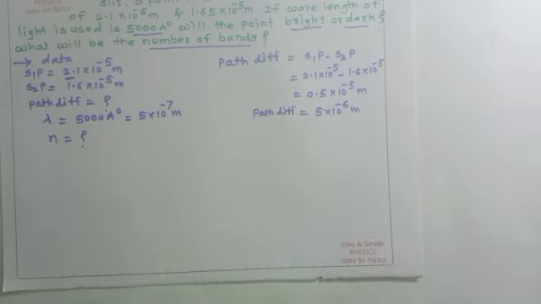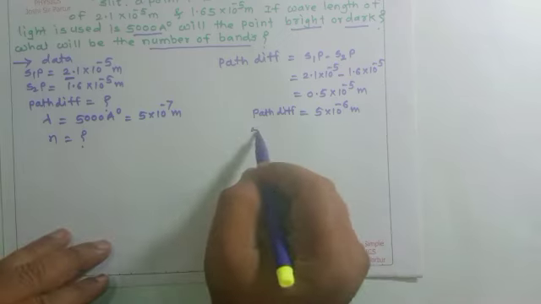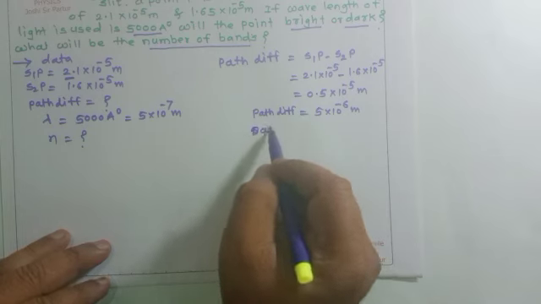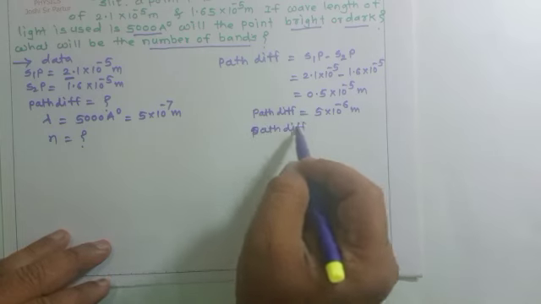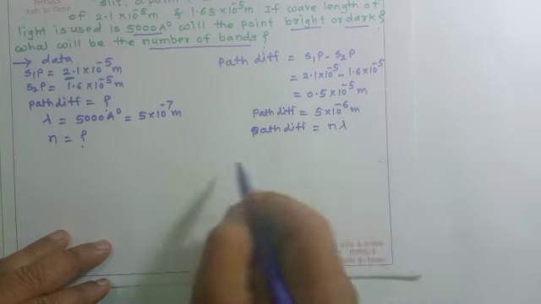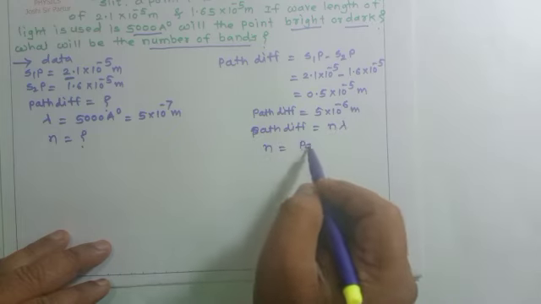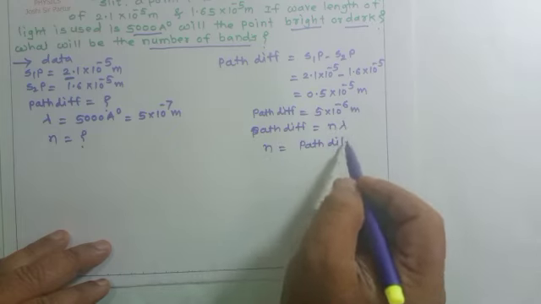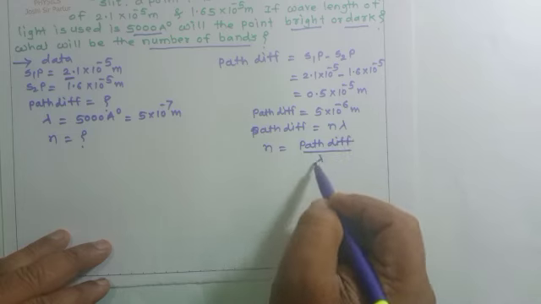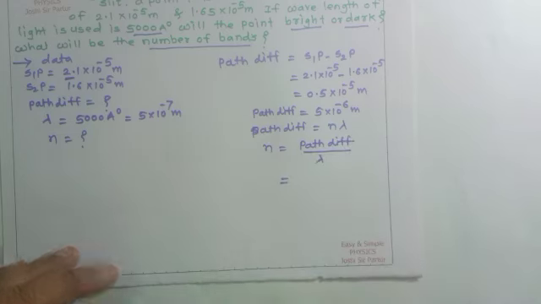Again, if the wavelength is given, path difference is equal to n lambda. So n is equal to path difference divided by wavelength lambda.